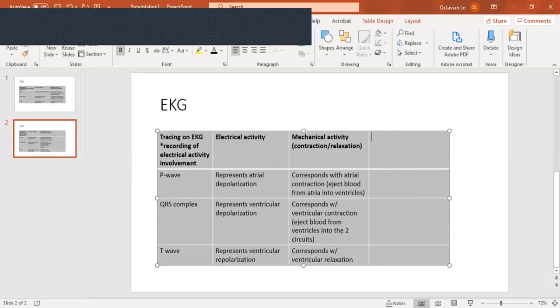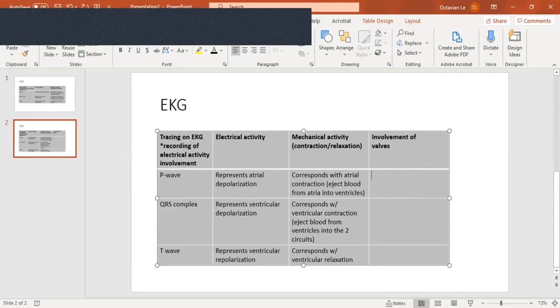And we can basically say the valves, or let's use the word involvement of the valves, and let's go with the P wave.